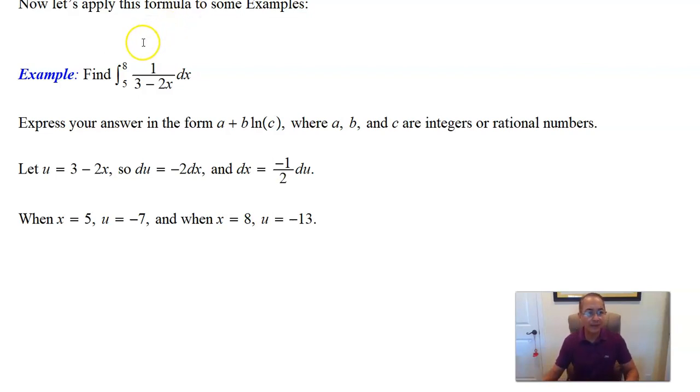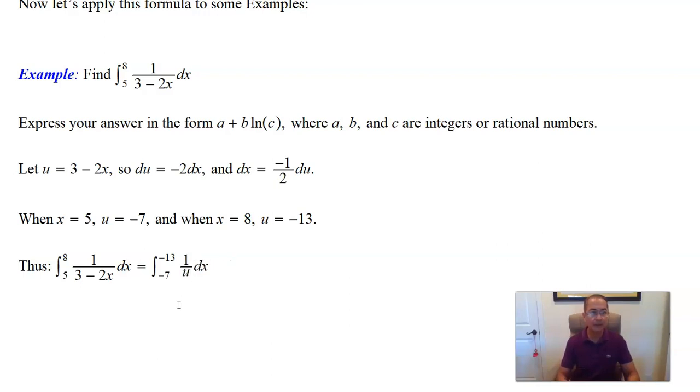Okay, well, we are now ready to change everything. The integral that we want is, so instead of 5, we're going to have negative 7. And instead of 8, we will have negative 13. And instead of 3 minus 2x, that is our u.